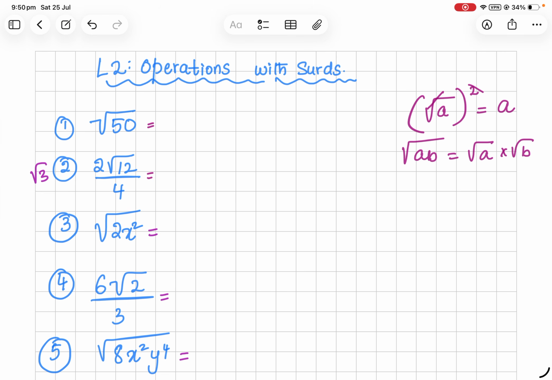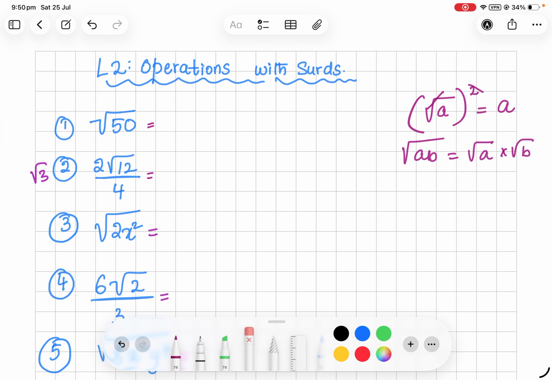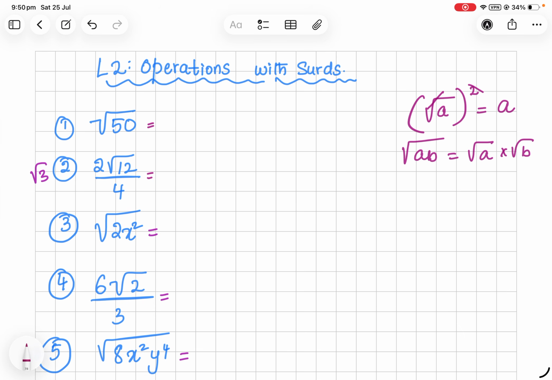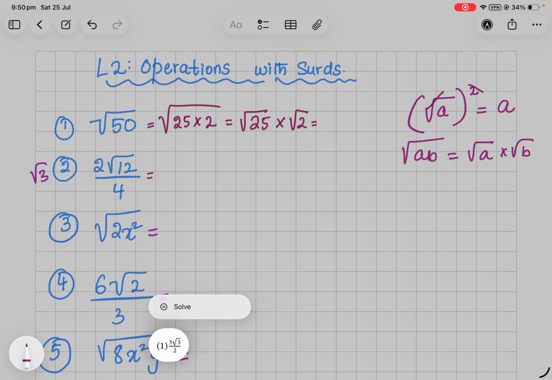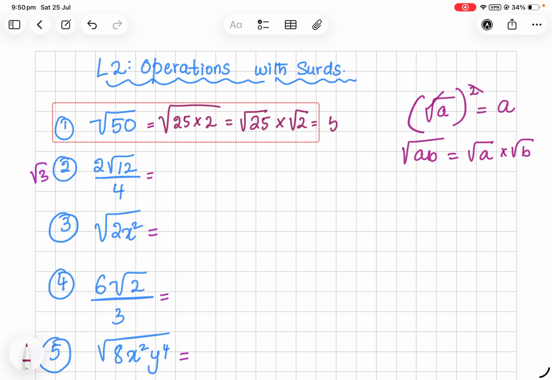Rather you should be using 25, because 25 is a perfect square. So 25 times 2. Then I can write the square root of 25 times the square root of 2, which you end up as 5 square root 2. So the square root of 50 is nothing but 5 square root 2.